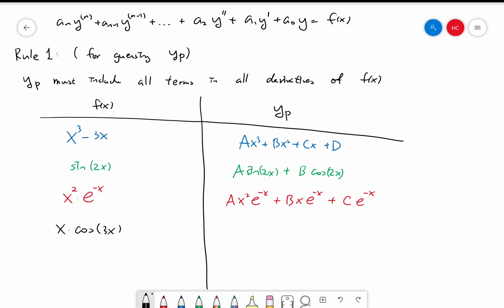Then in this case, you have to include x cosine 3x and x sine 3x and their derivatives, so c times cosine 3x and d times sine 3x. Alright, so that's rule number one.